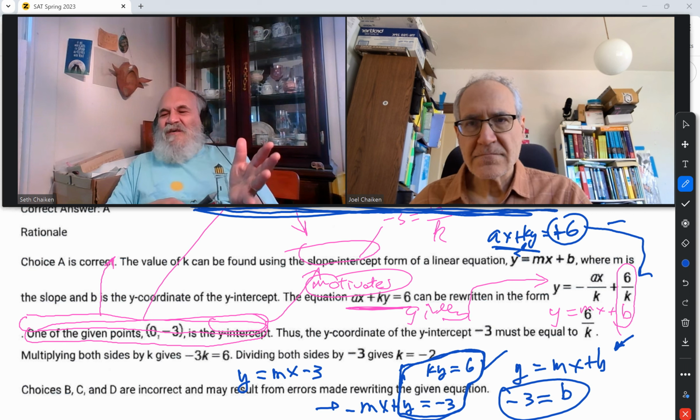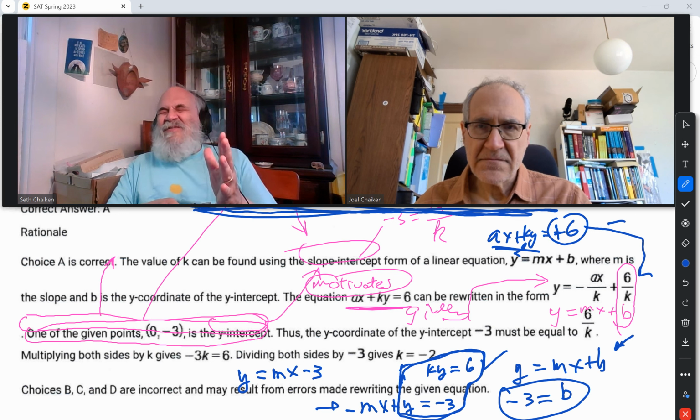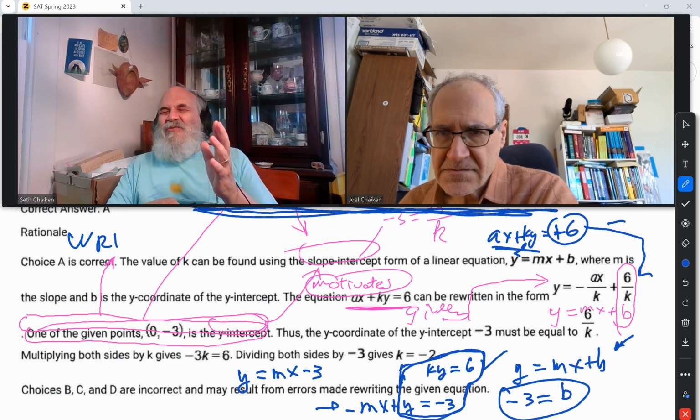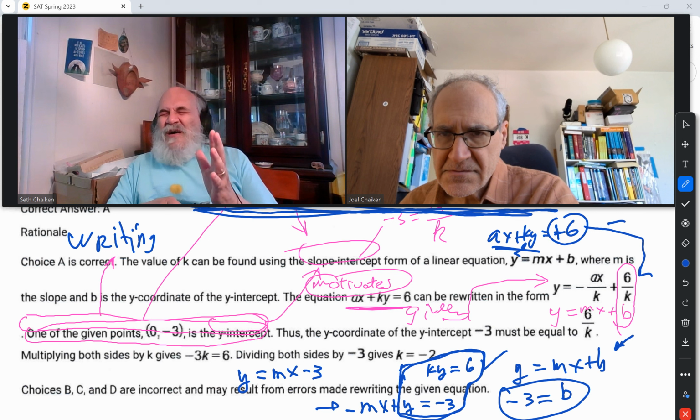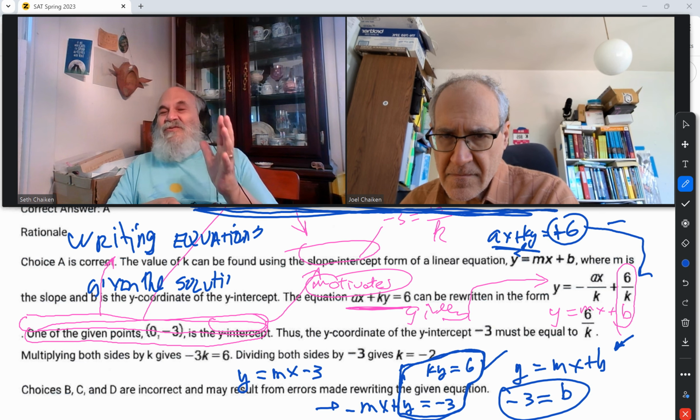Besides, one half of the subject is solving equations. The other half of the subject is the opposite. Solving an equation means finding the solution. The opposite is given a solution.